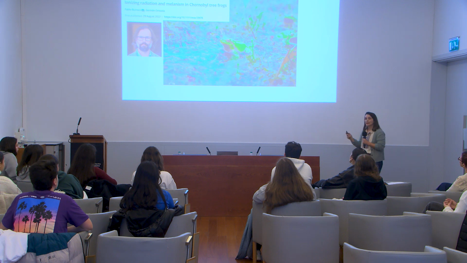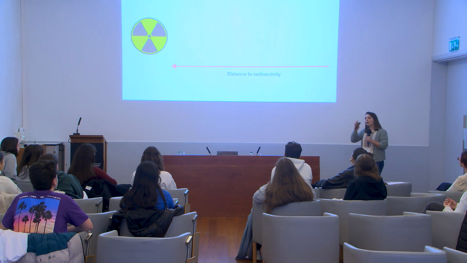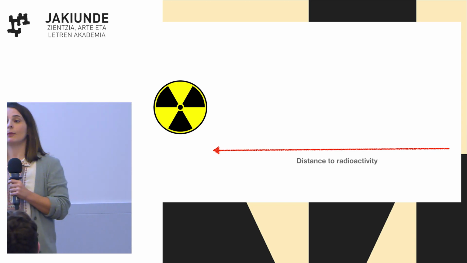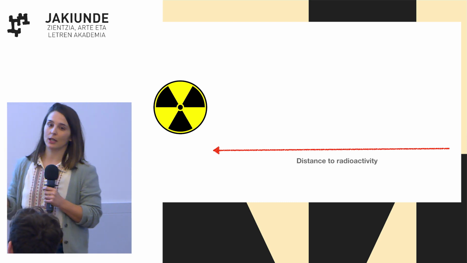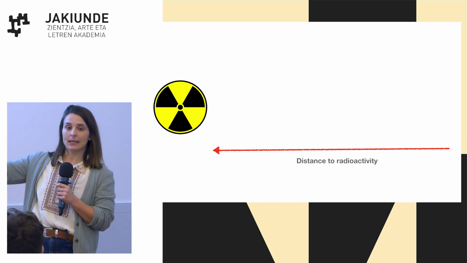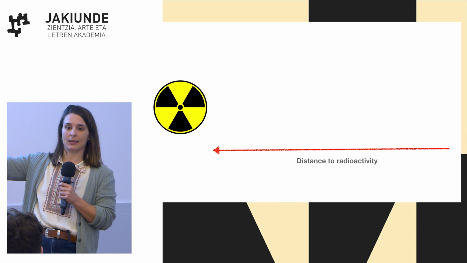So individuals of this frog that are darker, that have more melanin, are more protected from the radiation from the nuclear plant. And so what Germán and his colleagues have done is go all over Ukraine, and they have studied populations of this frog all over the country in a gradient of distance from the area of radioactivity.